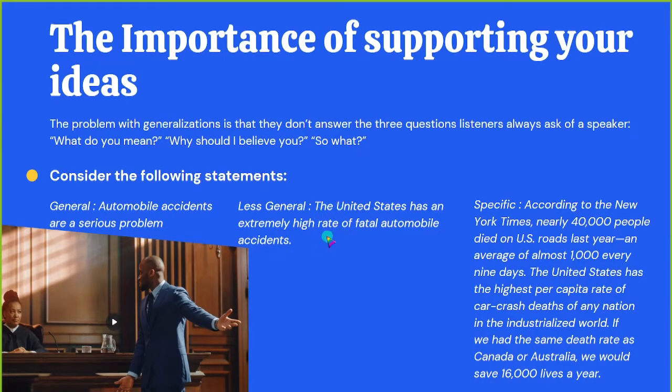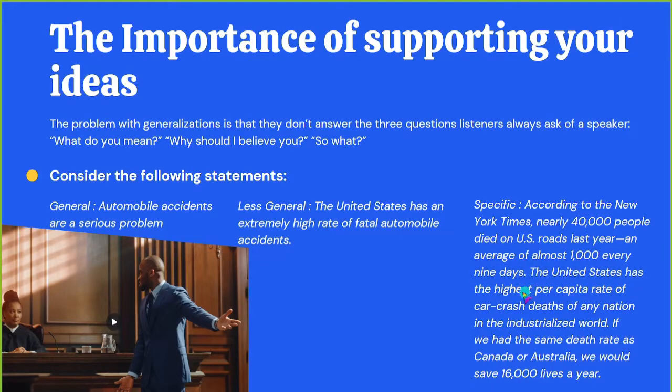So using the percentage inside your country or nation, it can give some indicator that this is a serious matter in our state. What is much better is when you have that from an official source, when you have cited it from an official source, which is the newspaper. For example, according to the New York Times, nearly 40,000 people died on US roads last year, an average of almost 1,000 every 9 days.